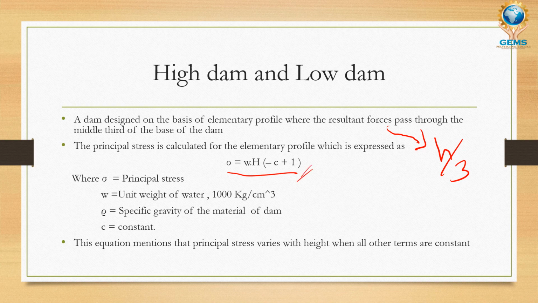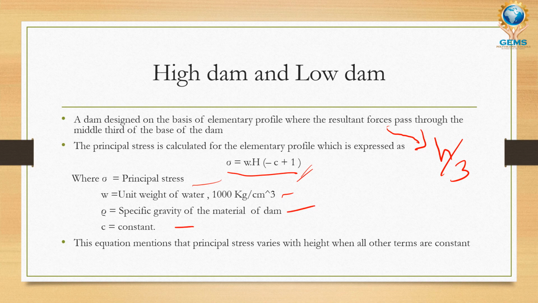Sigma is the principal stress, and the unit weight of water is 1000 kg per cubic meter. Actually they have given it in kg per cubic centimeter, and you know the specific weight of water as 9.81 kilonewton per cubic meter. Don't confuse between this and that. Specific weight is different from unit weight. Then rho is the weight of the material of the dam, and C is the constant.